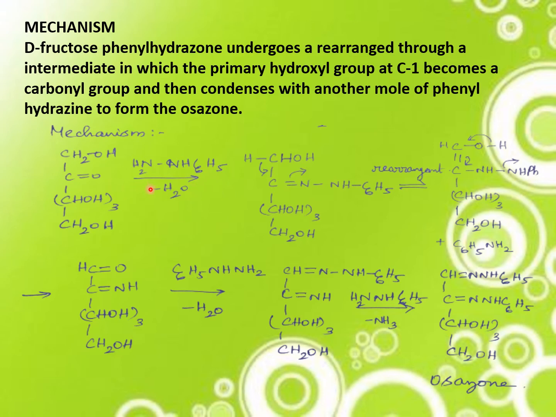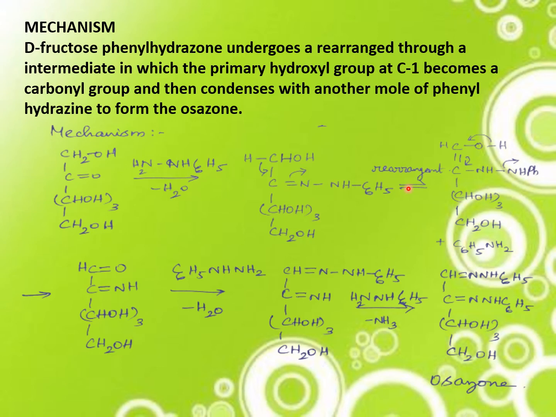This oxygen and these two hydrogen are going to eliminate as a water molecule. We get C double bond N NHC6H5. Here this CH2OH is the same as written here, but we have separated the hydrogen. We have written one hydrogen at the left hand side and then CH2OH, CHOH at the right hand position.